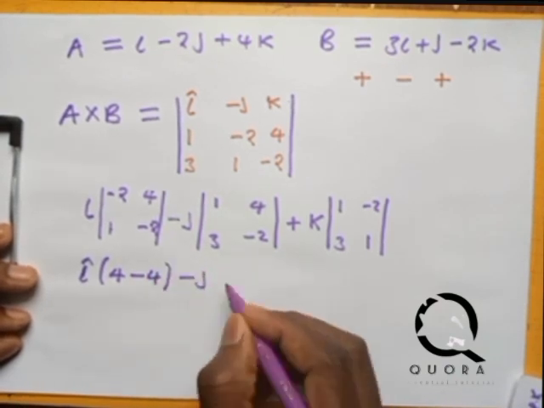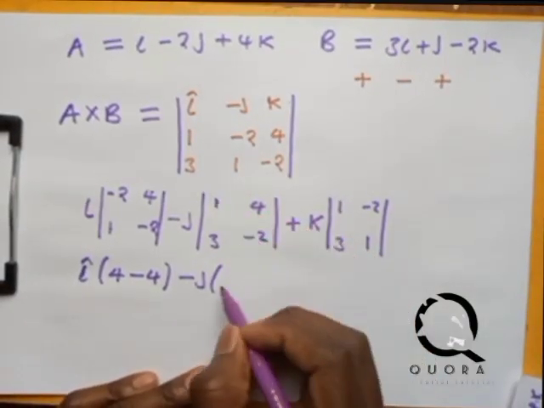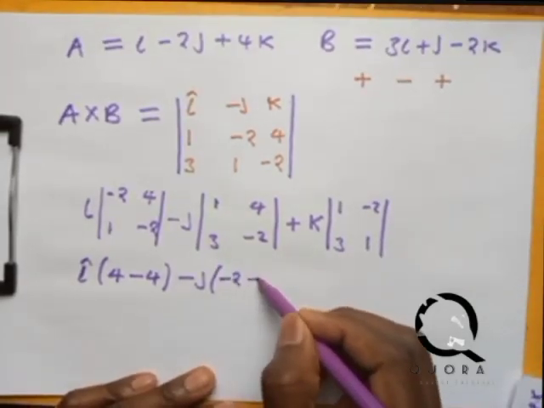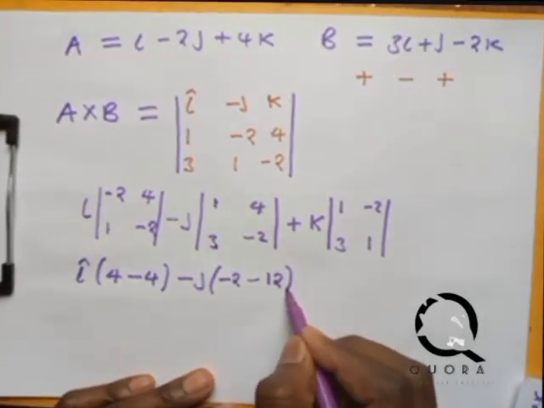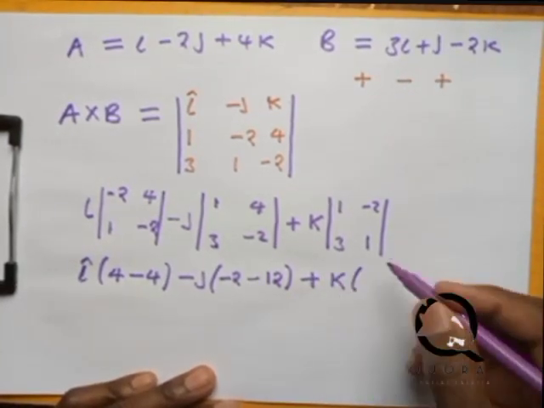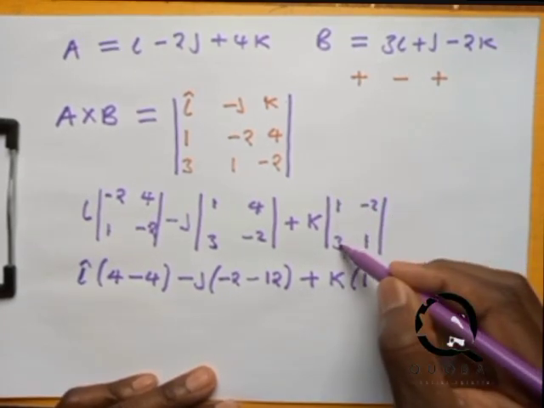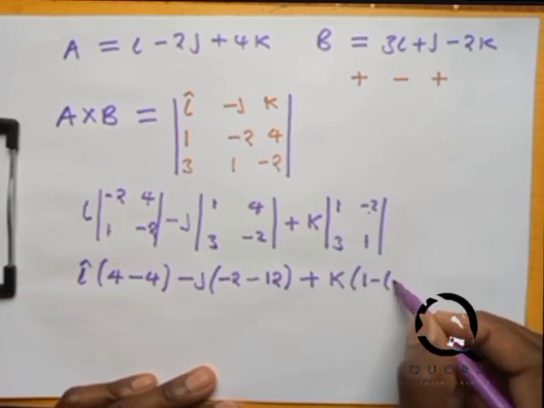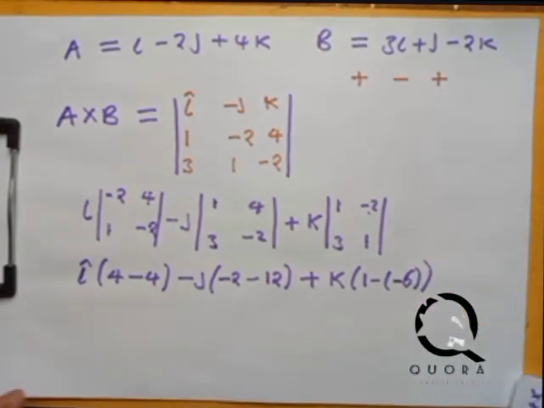Negative j, open, negative 2 multiplied by 1, we have negative 2, minus 3 multiplied by 4, we have negative 12, plus k, open, this multiplied by that, we have 1, then minus, open bracket, 3 multiplied by negative 2, we have negative 6. I'll close like this.